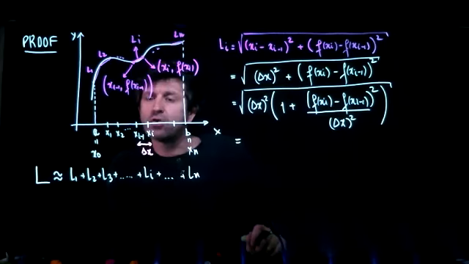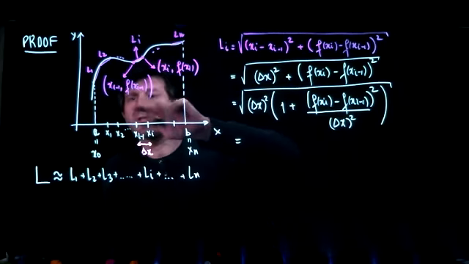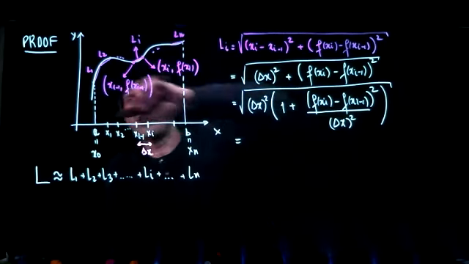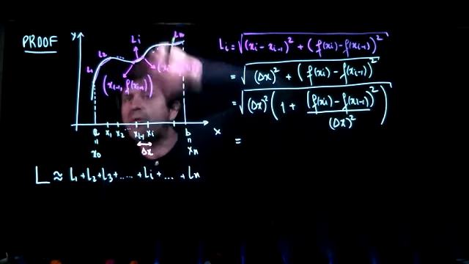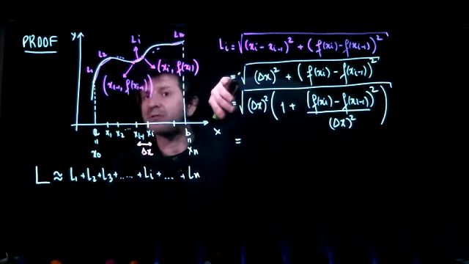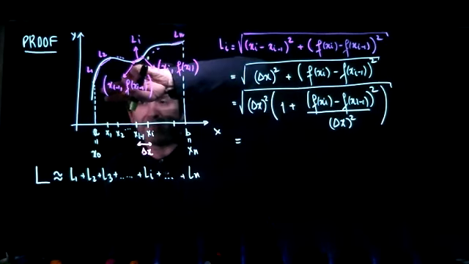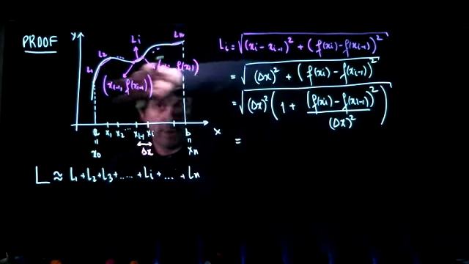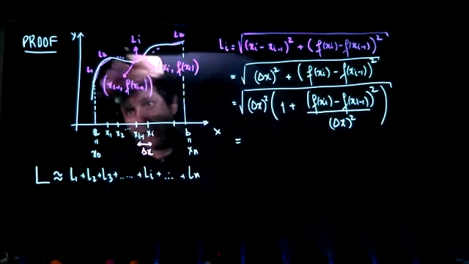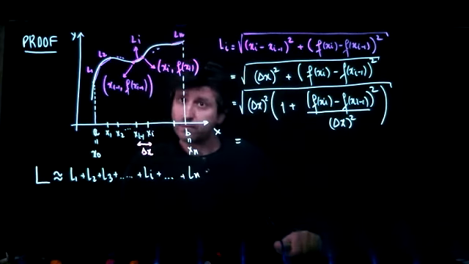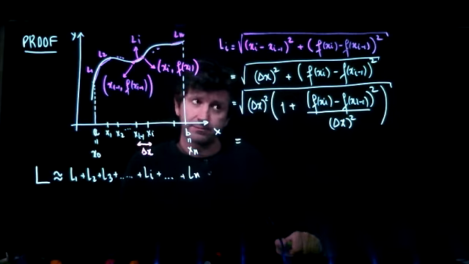Just like I did with the Riemann sum. I wanted the area under the curve, and I separated the area into small little rectangles, and I added the areas of the rectangles. Same thing. Instead of adding small areas, I'm going to add small lengths. That's the idea. Is that okay?